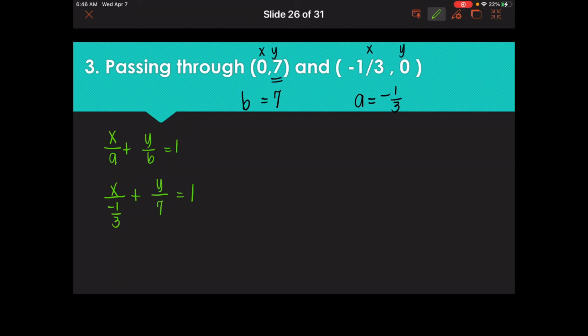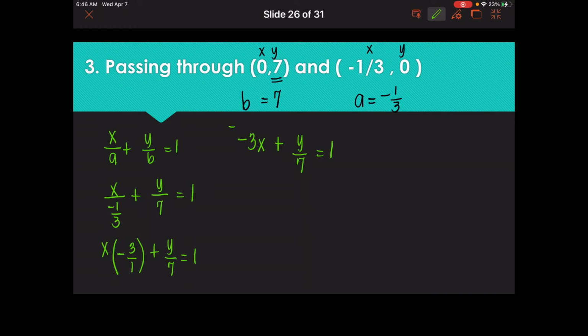So our first term will become x times the reciprocal of negative 1/3, which is negative 3 over 1. Then copy the rest. Okay, and then we'll just simplify the first term. So x times negative 3 over 1 is negative 3x, then plus y over 7 is equal to 1.